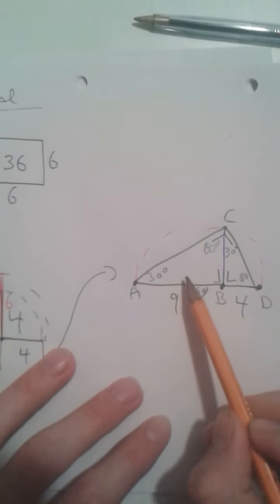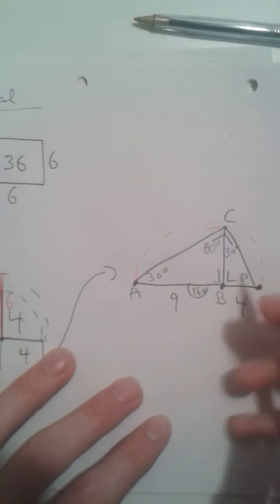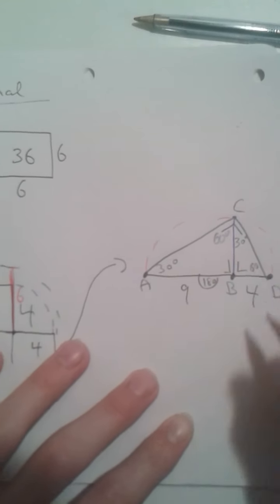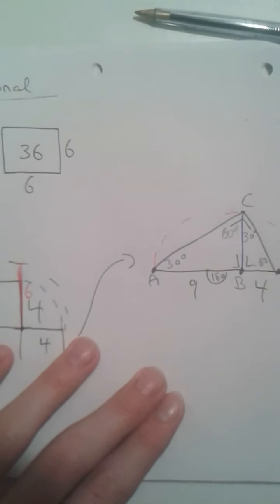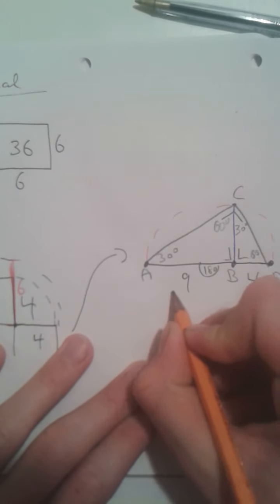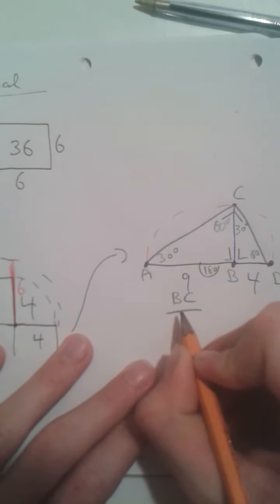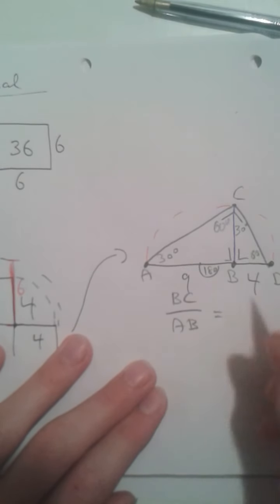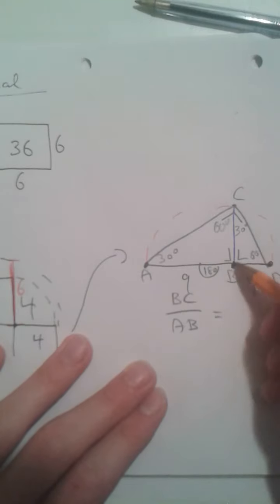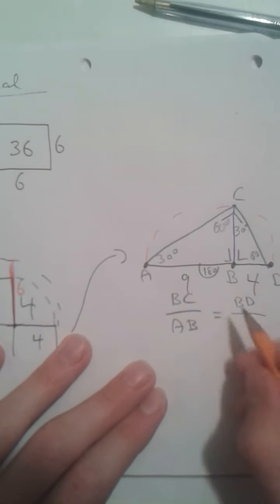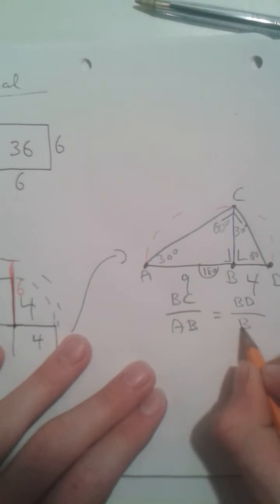So we know that the ratio of sides in both triangles is the same, and also that BC is the mean proportional. So we're going to try and prove that. So we can say that BC over AB is equal to BD over BC.